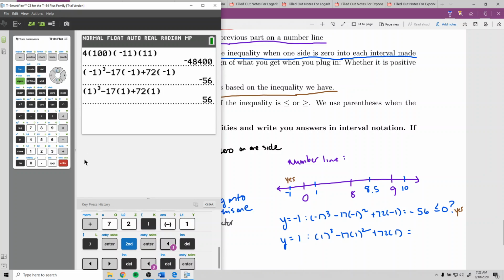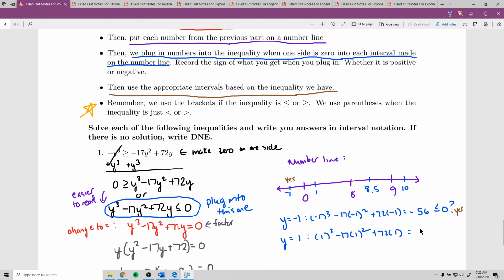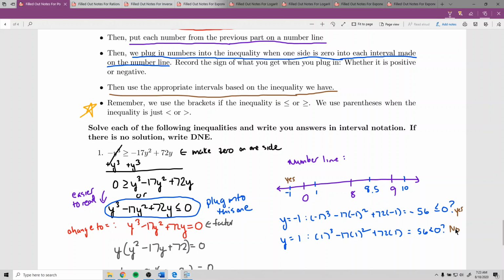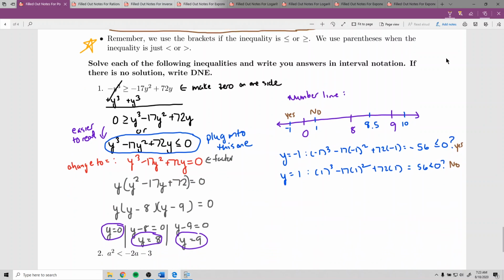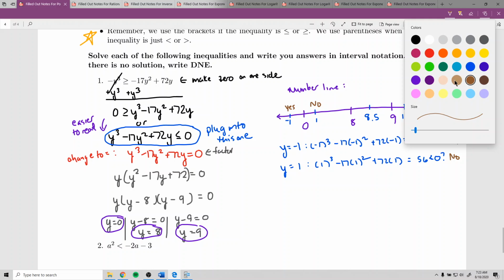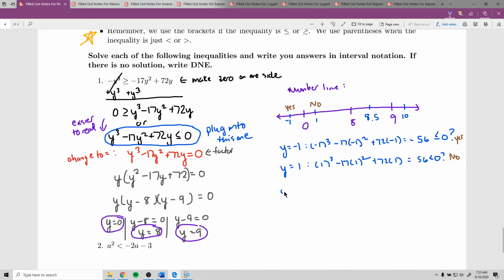That's what we get when we plug in 1. It's 56. Is that less than or equal to 0? And the answer is no. So 1 gets a no. And then do the same thing for 8.5 and 10.